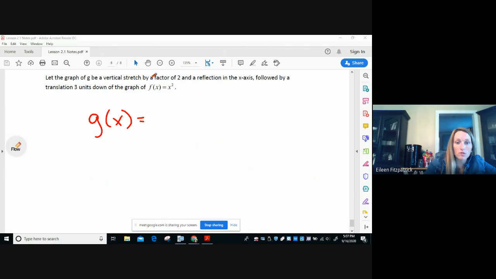Well, a vertical stretch of 2. If you think about your a times the quantity x minus h squared plus k, where does that 2 go? A gets replaced with the 2. A reflection in the x-axis: what tells us that? That negative is what's going to flip it and make it open upside down.